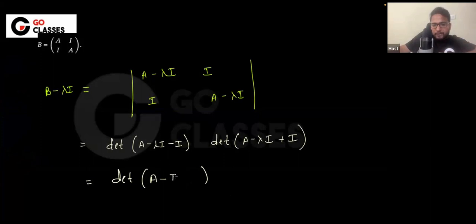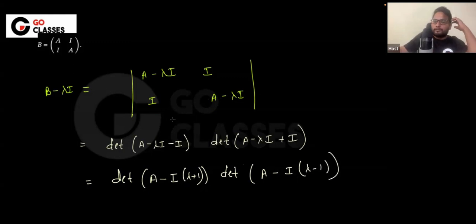Minus I, or maybe lambda, I can take I common. This will be lambda plus 1. Yes, so you can take I common, then it will be lambda plus 1. Similarly, it will be the determinant of A minus, you can take I common, lambda minus 1.